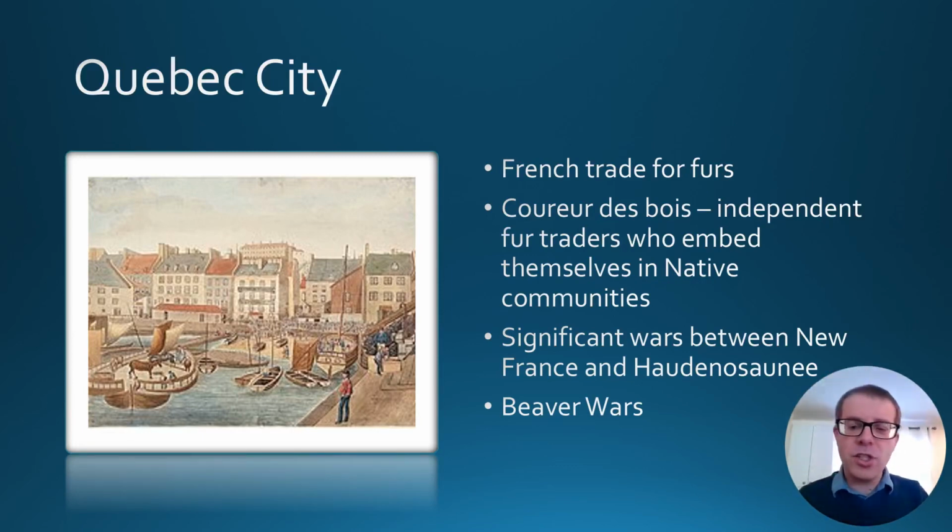And the French have a pretty small population on the St. Lawrence River, but they quickly make friends with different local indigenous groups, including the Hurons, which are an Iroquoian group to the west that lived around sort of modern day Toronto.